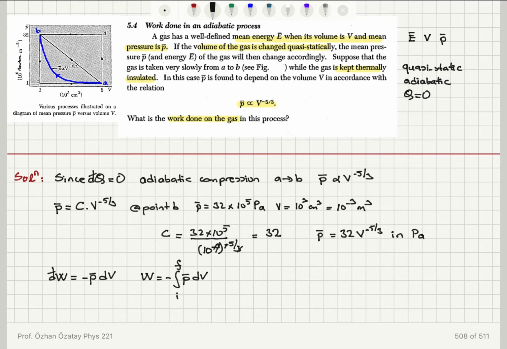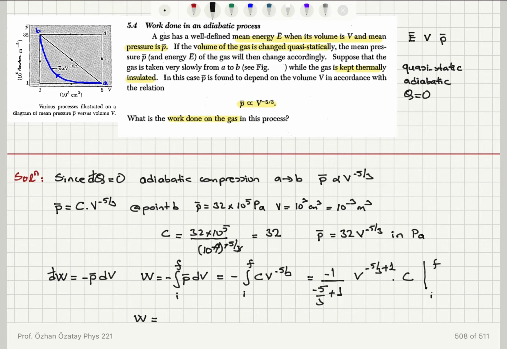So this is minus the integral from initial state to final state of C times V to the minus 5/3, which will be equal to minus 1 over minus 5/3 plus 1, V to the minus 5/3 plus 1 times C, between initial and final volumes.